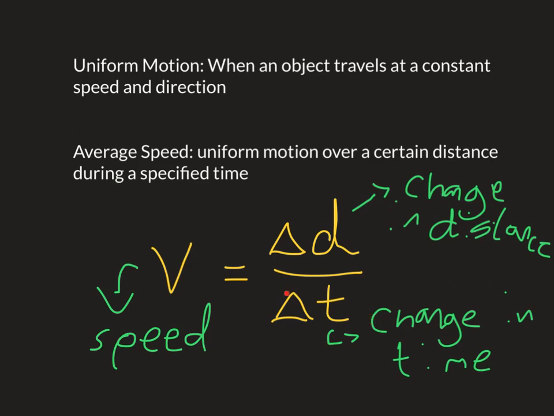The delta doesn't come up a lot, but we'll get to some problems later on where it does. For now, just think of it as how far you went divided by how long it took you to get there. And the reason we use a V for speed is that later we'll talk about velocity, and speed and velocity are linked. We use them very similarly in day-to-day talk, but they are different things. We'll talk about that next week when we talk about vectors, but for now, V stands for speed.